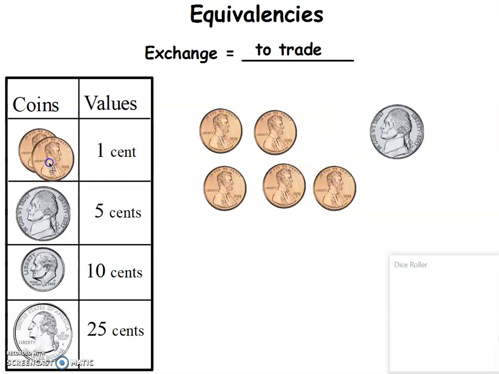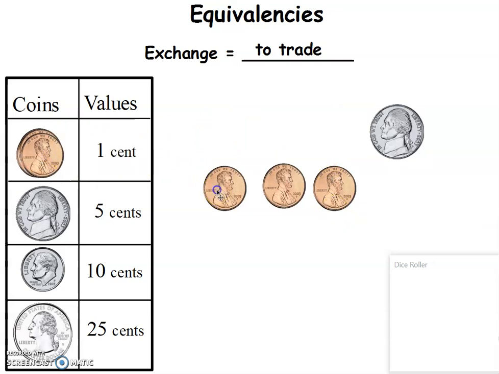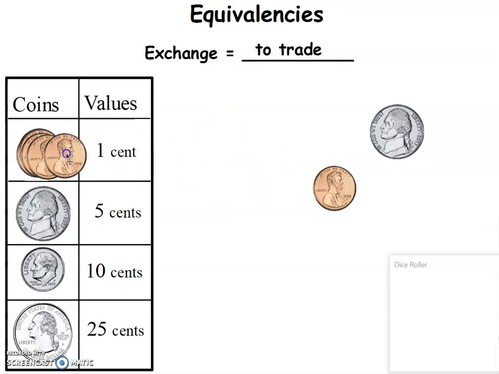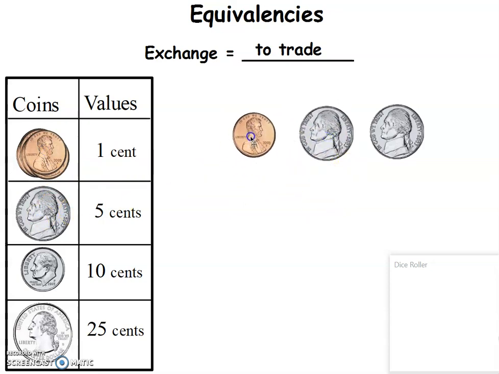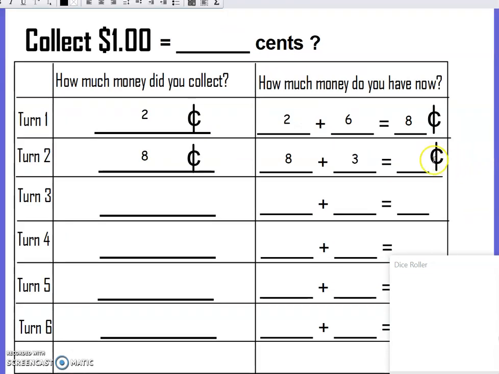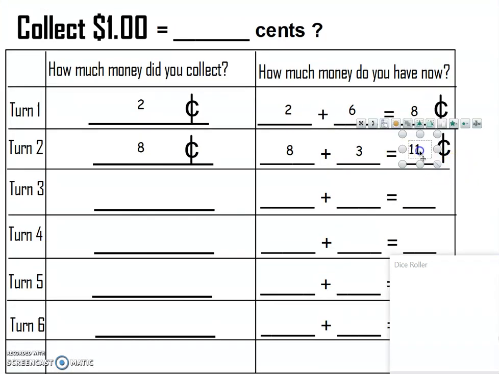Oh, can I exchange my 5 pennies for a nickel? Yeah, and then it's easier to count too. 5, 10, 11. So I now have 11 cents. Okay, and I'm just going to keep going.